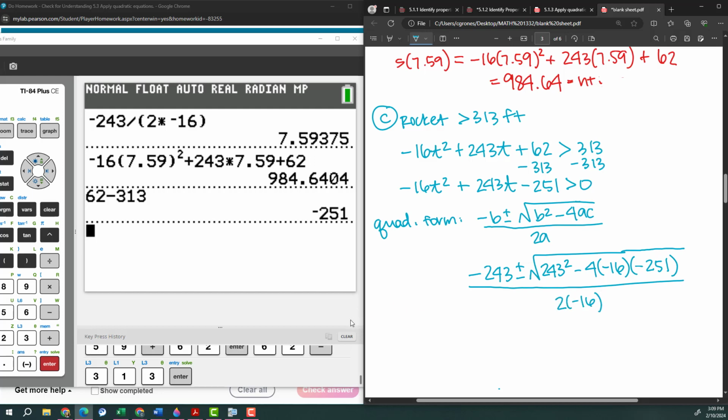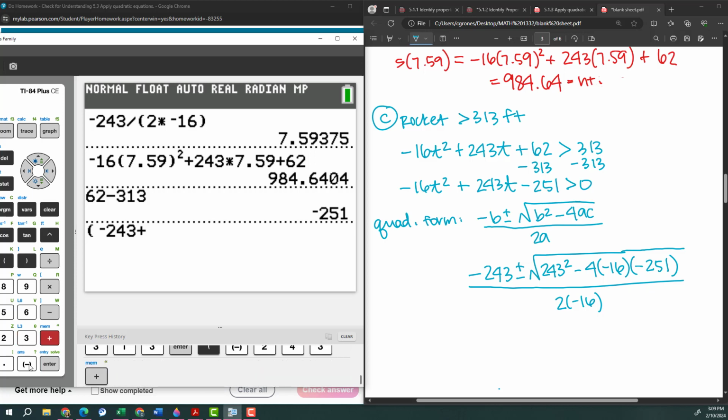I would definitely recommend putting all of this into your calculator. So I'm just going to create parentheses for our top, and I've got negative 243.